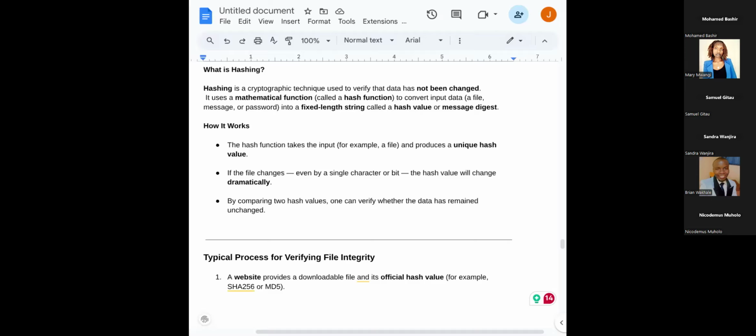Anyone? Anyone who can give me a wild guess? Gideon, you're asking about the difference between encryption and hashing. I'm pretty sure you know what hashing is.